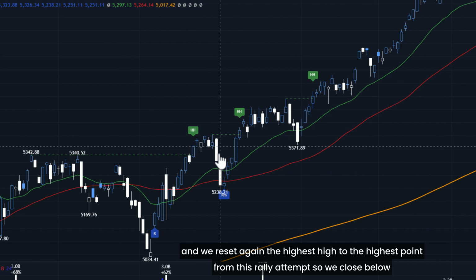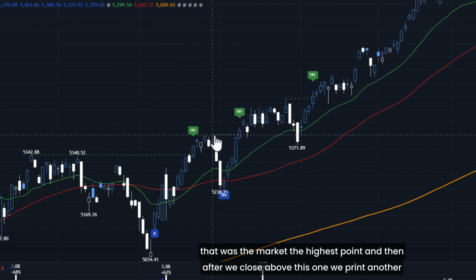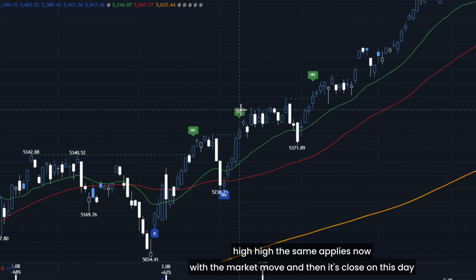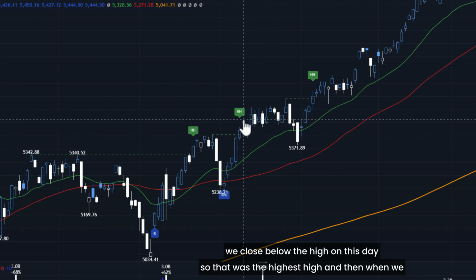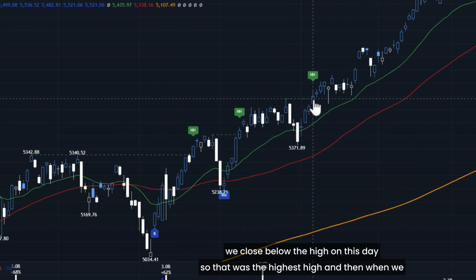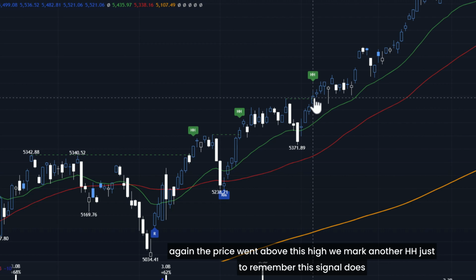So we close below the highest point of the market, and then after we close above this one, we print another high. The same applies now: the market moved, and then it closed on this day. We close below the high on this day, so that was the highest high, and then when the price again went above this high, we mark another H8.